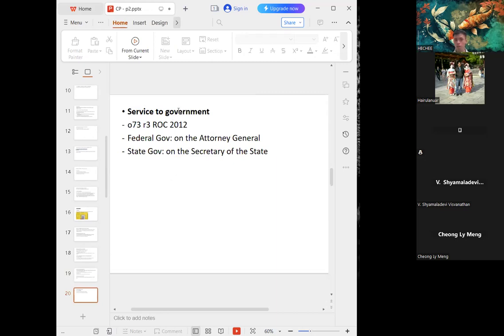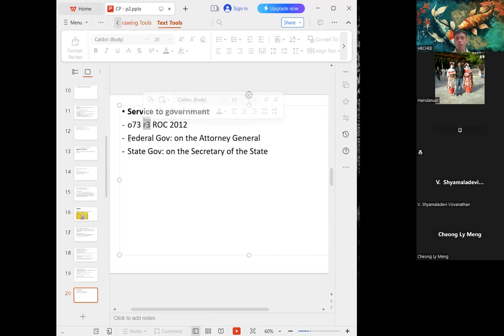The service to the government is given under Order 73, Rule 3. If you are serving the writ on the federal government, you are serving on the AG himself. So just now I've given an example of the case, Government of Malaysia.